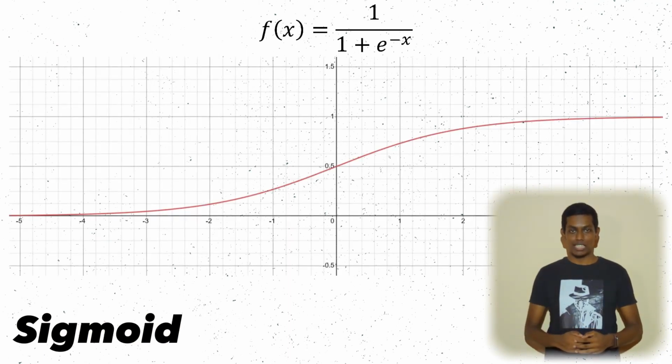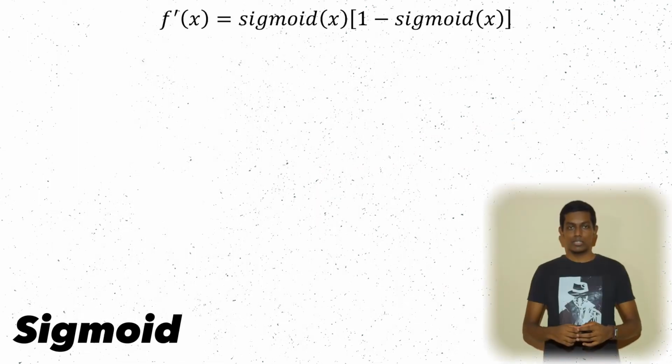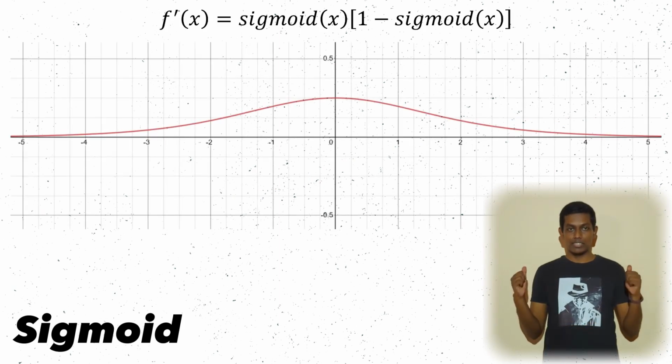As you can see, as the input moves away from 0, the output approaches either 0 or 1. Derivative of the sigmoid is shown here, and its graph looks like this. As you can see, as the input moves away from 0, the gradient approaches 0. This is known as the vanishing gradient problem. Therefore, engineers might go for ReLU in some cases, since it's also computationally more efficient than sigmoid.